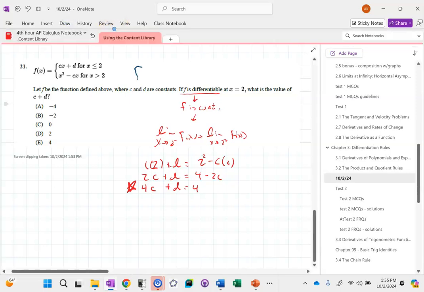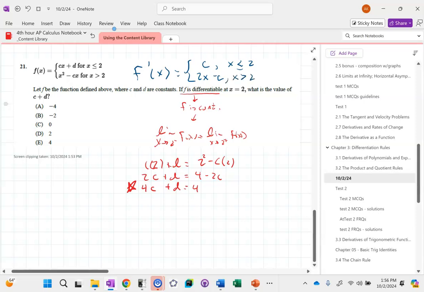I'm then going to calculate f prime of x. The way we do this for a piecewise function is I just take the derivative of each piece. So the derivative of cx plus d is just c, and the derivative of x squared minus cx is 2x minus c.